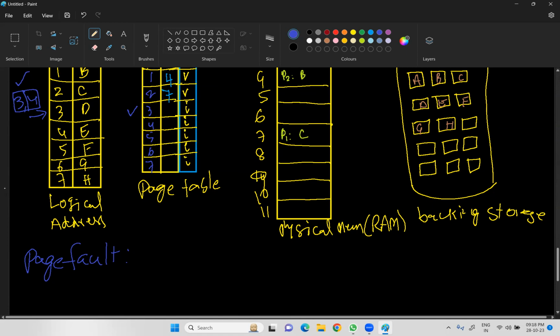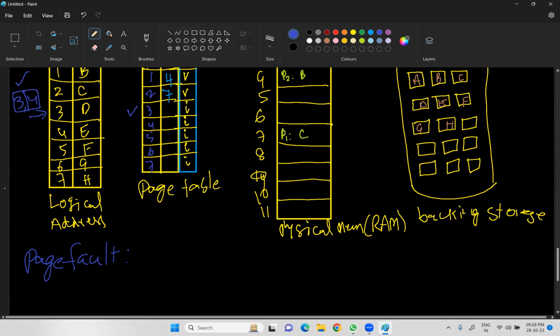If the page does not exist in any of the frames of physical memory, such a scenario is called a page fault. So when a page fault occurs, the operating system is responsible for taking that page, identifying where exactly that page is in the backing storage device, and copying it into a frame which is available within the physical memory.